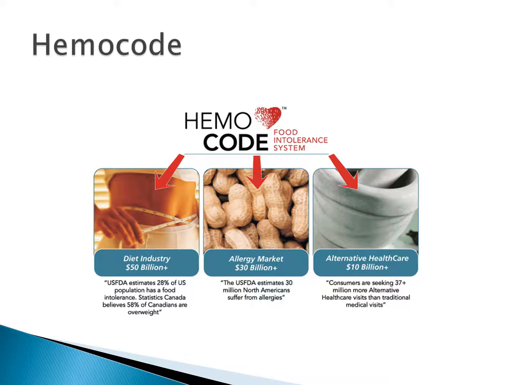Now, HemoCode, what it does is it's both a survey and genetic testing to define what are your high-risk allergens. The unfortunate thing is that I wouldn't say that this science is in its infancy, and it isn't as clear cut as you want it to be.